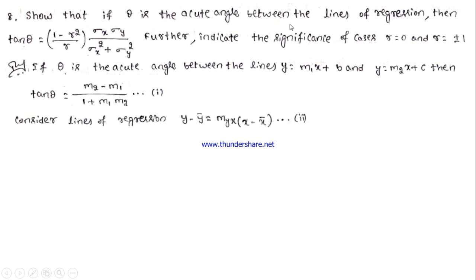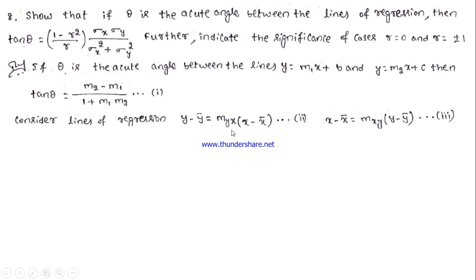Now let me write the lines of regression. That is y minus y bar equal to myx times x minus x bar and x minus x bar equal to mxy into y minus y bar.